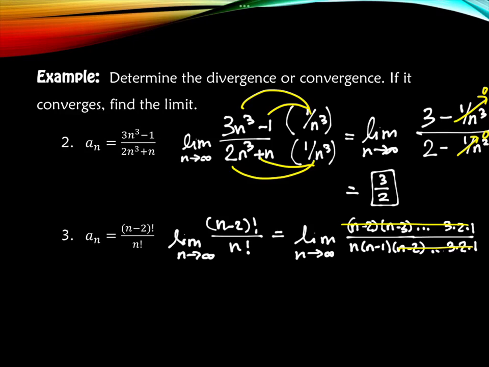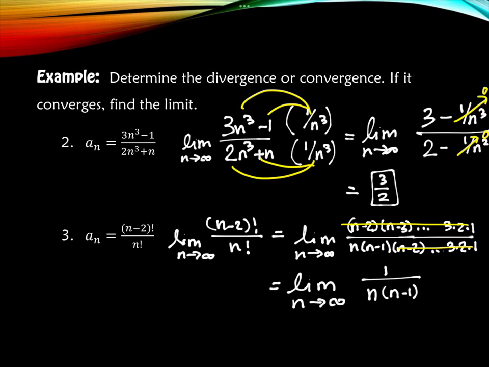So we're left with one over n times n minus 1. Now, it's not really in the nicest, neatest, cleanest form, but it's much like what we had going on the top, right?